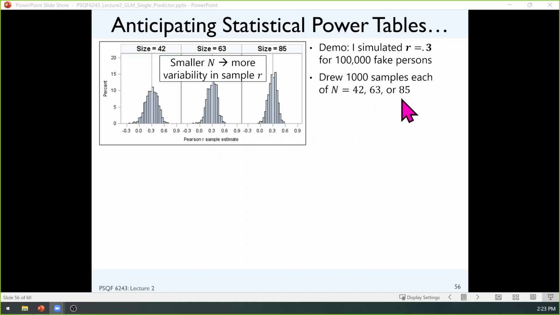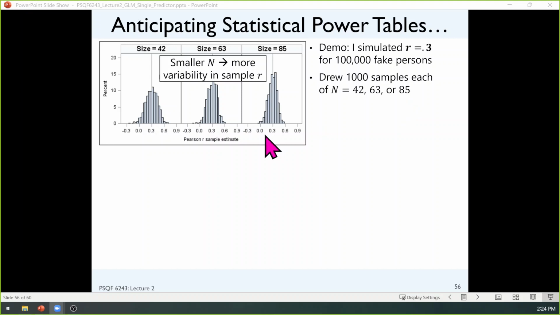Now I know those seem very arbitrary, but there is a reason, I promise, that I picked those. In my data set of 100,000 people, I grab a sample of 42, estimate the slope, get the correlation for it. I grab another sample of 42, estimate the slope, get the correlation, and so forth. And I do that 1,000 times for 42 people, 1,000 times for 63 people, 1,000 times for 85 people. Okay, with me so far?